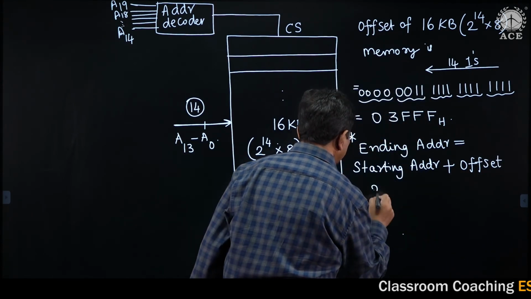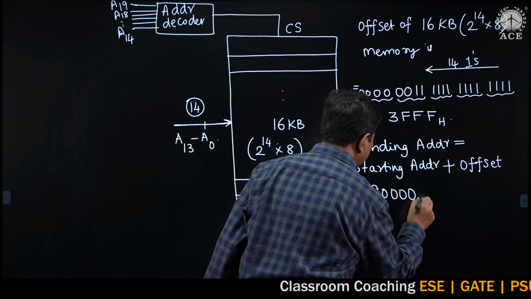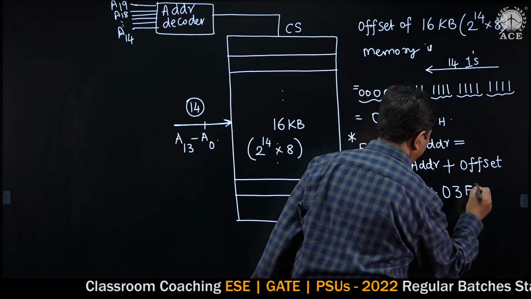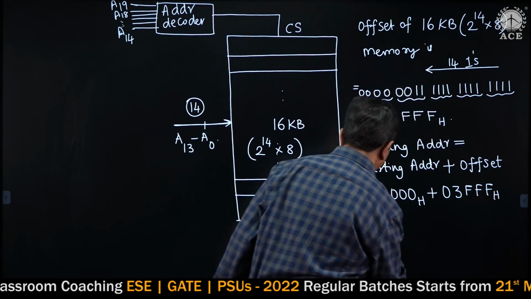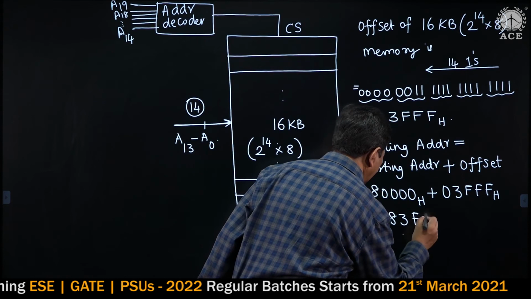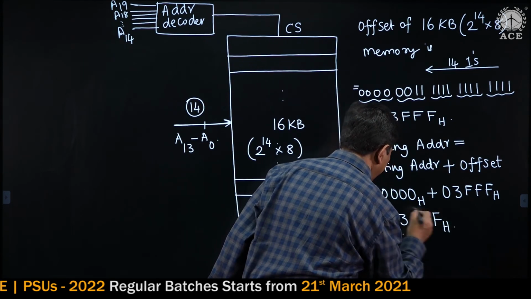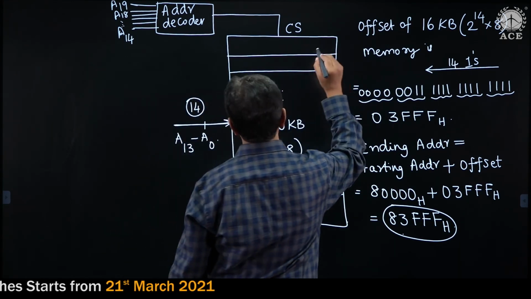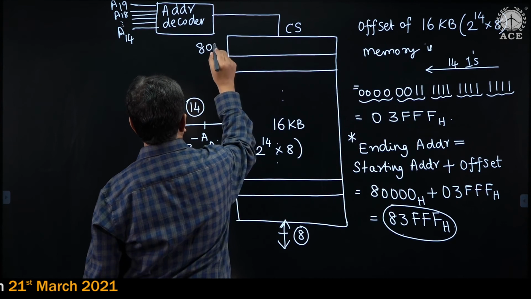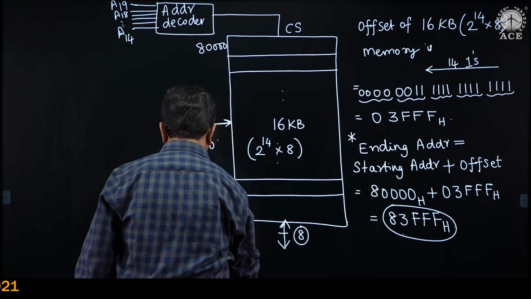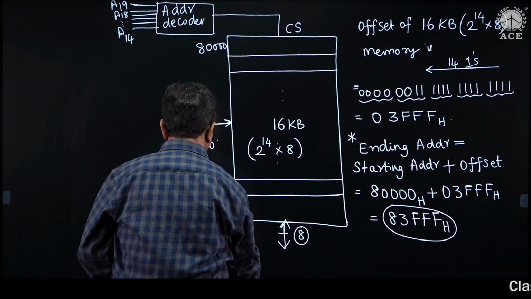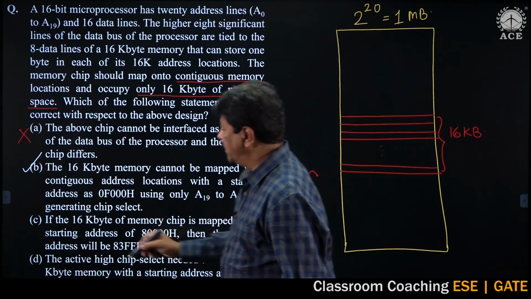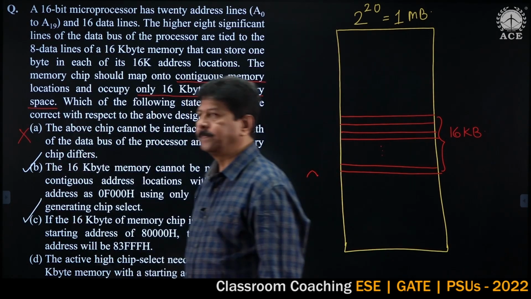That is 80000H plus 03FFFH. So this comes to 83FFFH. So for this memory, if the starting address is 80000H, then its ending address is 83FFFH. So this is the correct statement. So if you go back to the statements here, the third one, statement C, is also correct.